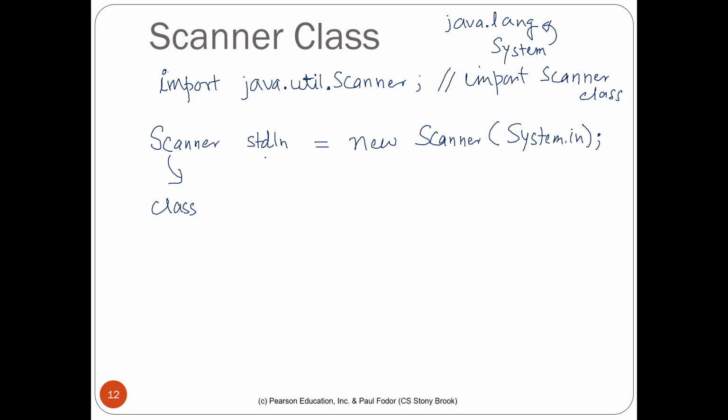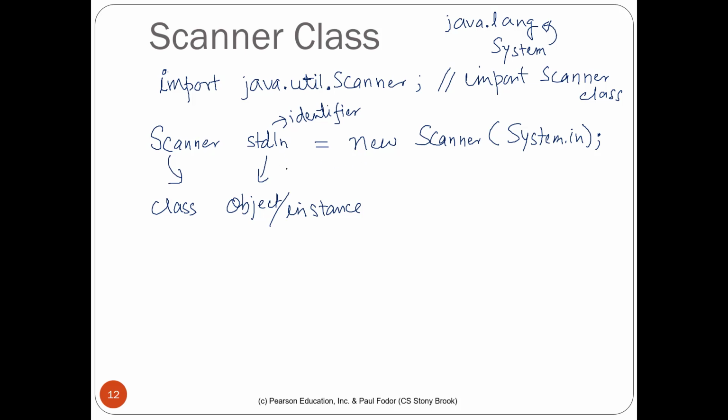And stdin is the object, or you can call it the instance, of the class Scanner. You're declaring it. This is your object. You can call it input or whatever, so this is your own identifier, or variable. Its type is the Scanner class.